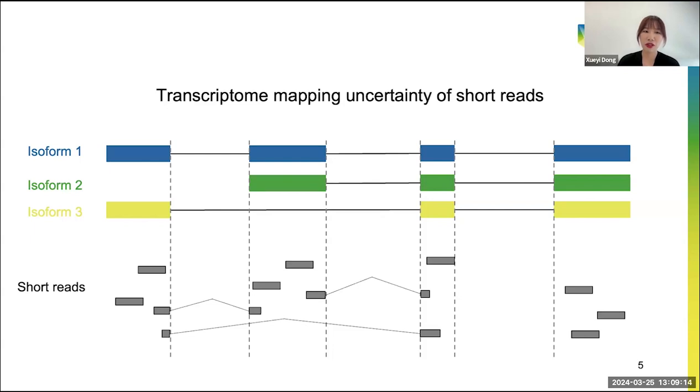So when we are mapping the short reads to the transcripts, there is a problem that sometimes the same read can be assigned to multiple transcripts. So there comes a transcriptome mapping uncertainty when we are using short reads to do transcript level analysis.